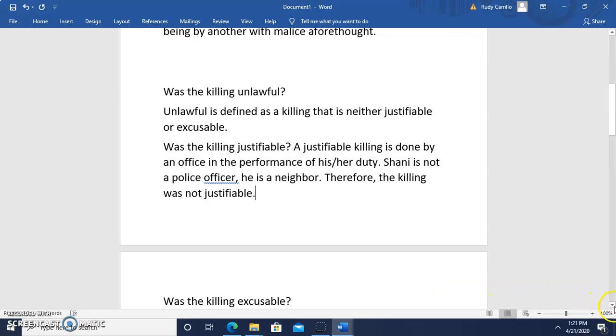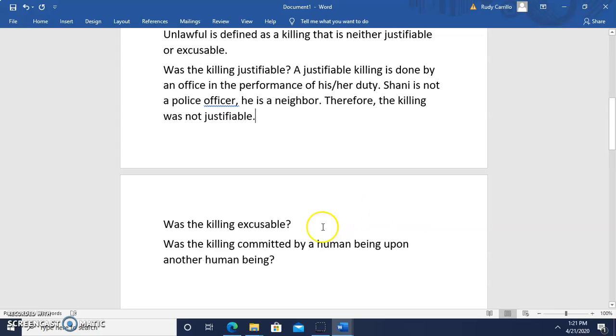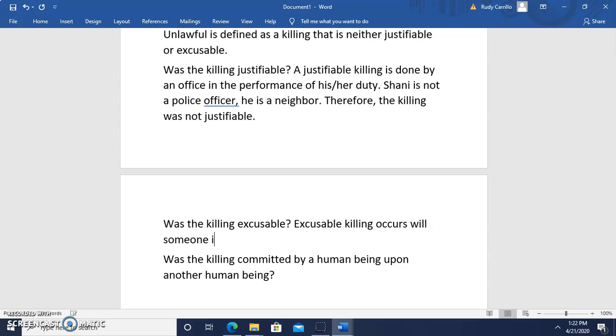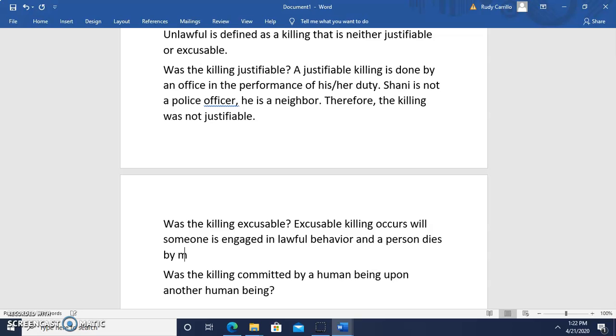Then the next question is, is it excusable? An excusable killing occurs while someone is engaged in lawful behavior and a person dies by mistake or misfortune.